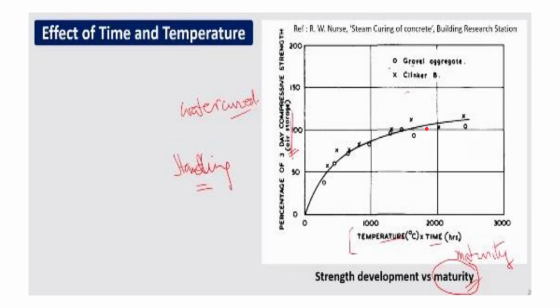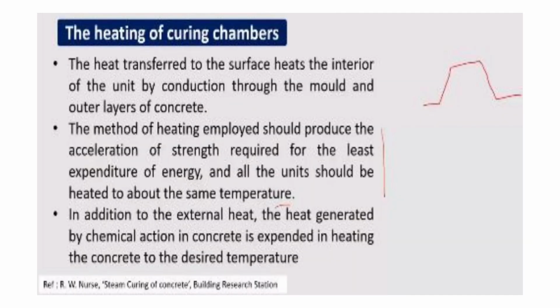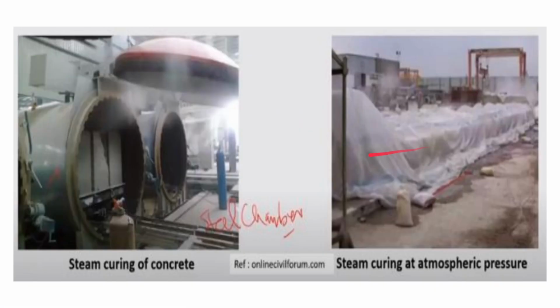So that is the utility of steam curing and high pressure, that is autoclaving. And if you see here, these are the pictorial representation of steam curing on the left side. And this is mainly steam curing done at high pressure, that is autoclaving.